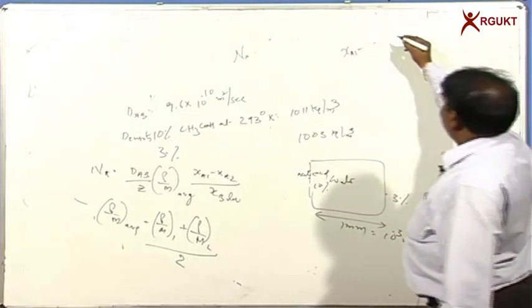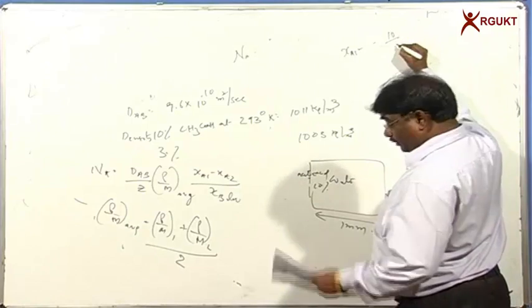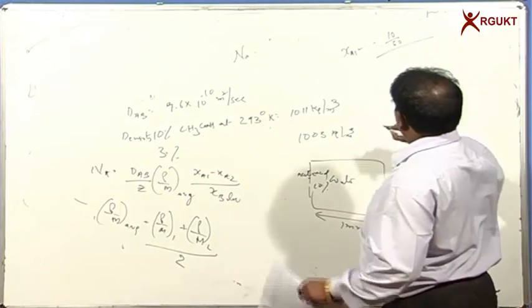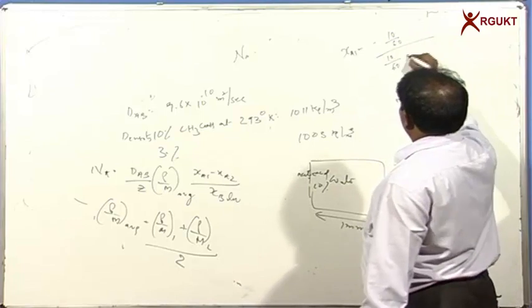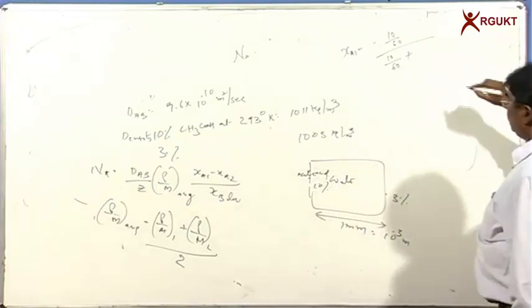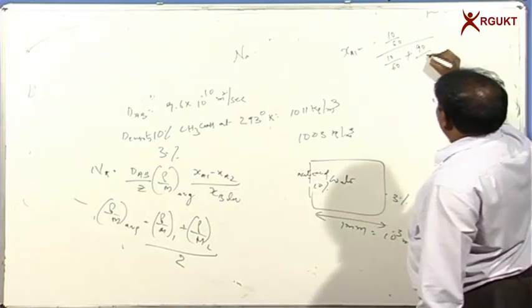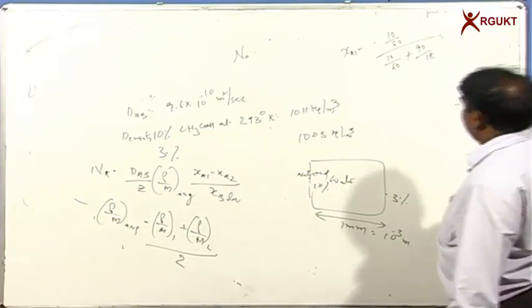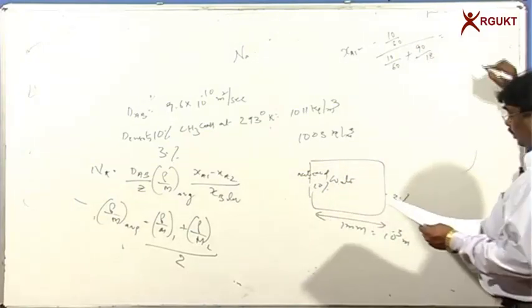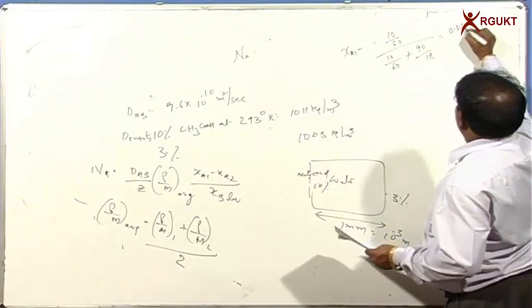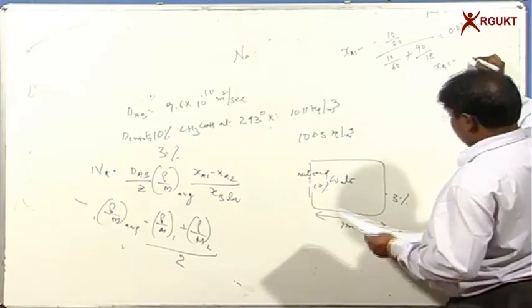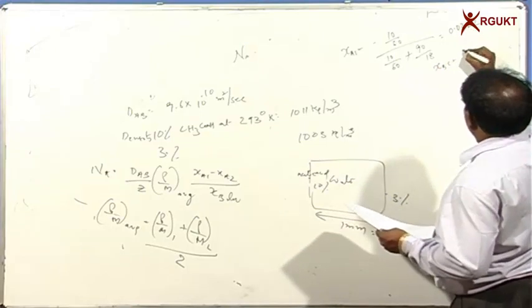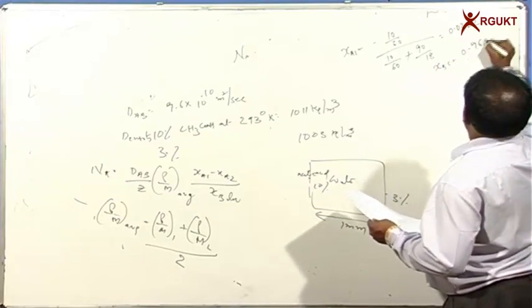So the moles of acetic acid is 10 by 60, divided by total moles: 10 by 60 is the acetic acid moles, and 90 by 18 is the water moles. That is equal to 0.0322. So XB1 is equal to 1 minus XA1, that is 0.9678.